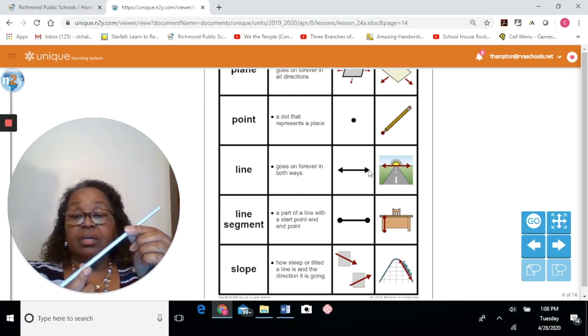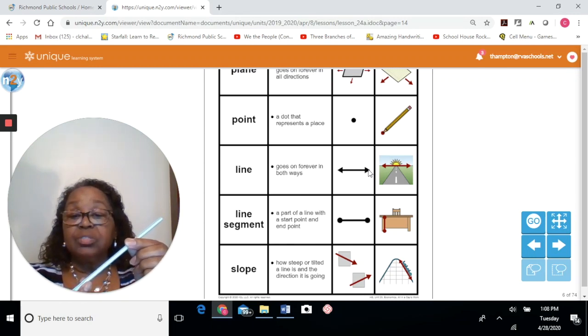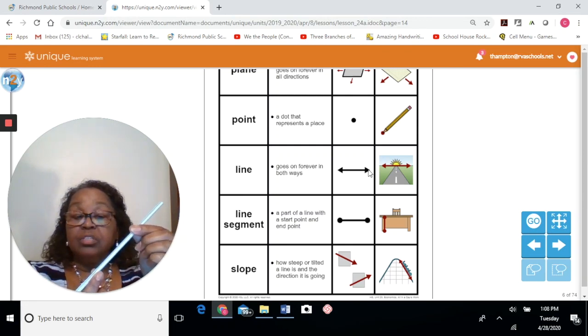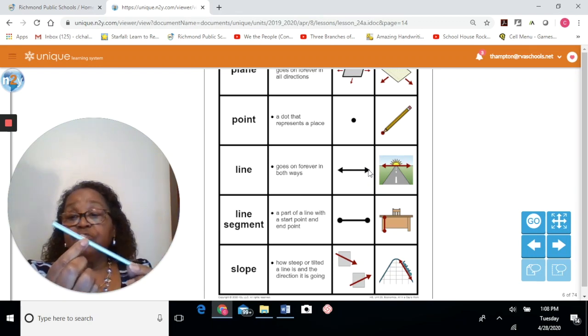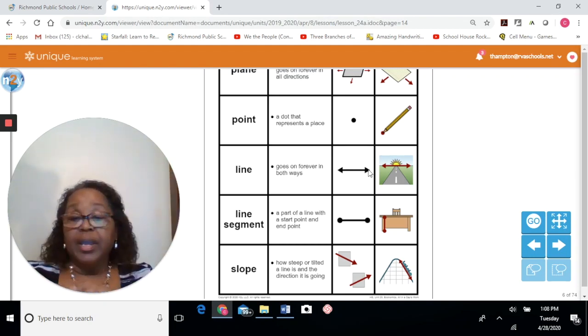But if they have a gradual slant like that, it's a little bit easier. So the slope is how steep or how tilted a line is, and the direction it's going. This is a slope. Here's a different slope. There's another slope. All right.